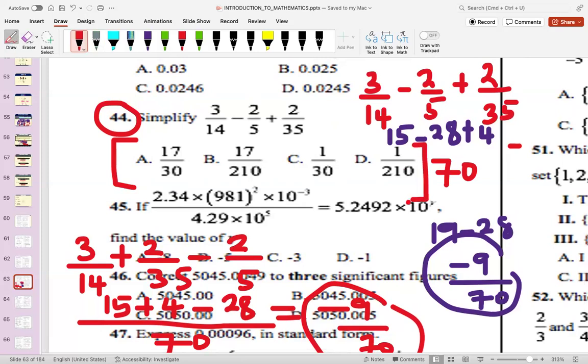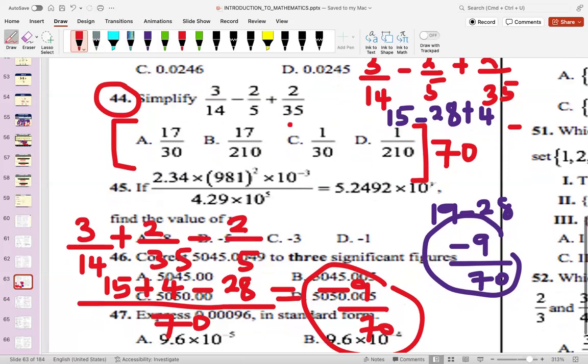If you are working this as an objective and you don't find your answers here, what I expect you to do is write E on your paper, and then you write your answer, negative 9 over 70, because your answer cannot be found in these objectives. And probably the answers sometimes are typed wrongly. So once you are sure of the method you have used and you are not finding your answer, you write your answer like I did.